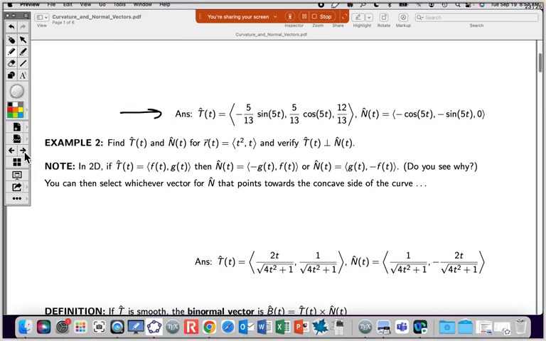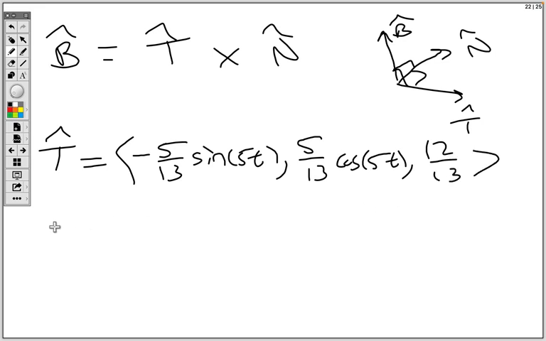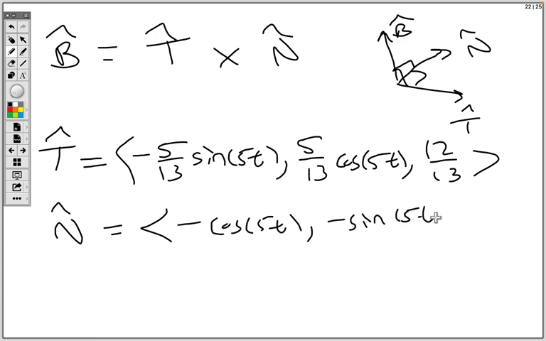So we'll just read those answers there. 5/13 cosine and then 12/13. And our n hat: minus cosine 5t, minus sine 5t, 0.